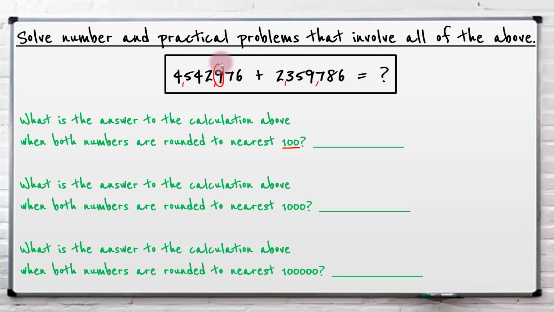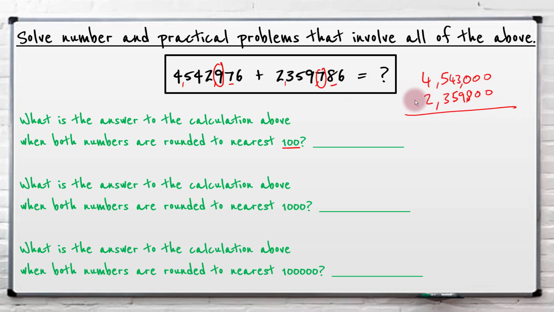Where's the hundreds? 900, the 7 before, which means it rounds up, which means the 900 becomes an extra 1,000. So it'll be 4,543,000. Then we look at the hundreds, which is 700. Number before means it will round up. So I will have 2,359,000, and the 700 rounds up to become an 800.